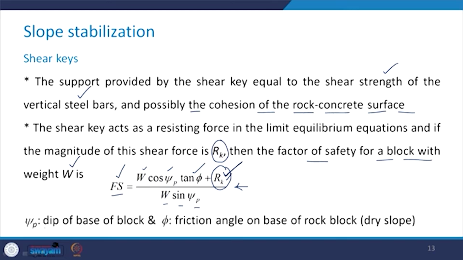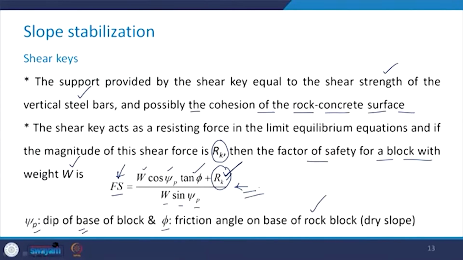Here psi p and phi represent the dip of the base of the block and the friction angle on the base of the rock block, in case you have a dry slope. If water is present, you can have a corresponding expression for the factor of safety, and obviously the shear force from the shear key is still present in the numerator, resulting in a larger numerator and therefore a better factor of safety.